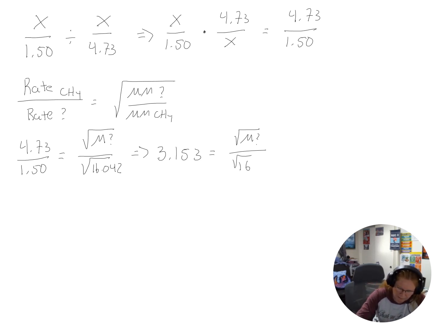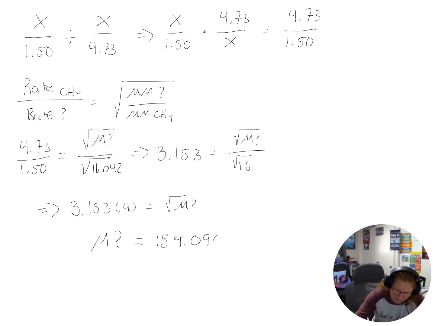All right, and then I'm going to multiply each side by the square root of 16, so I'm going to multiply each side by 4. And so I'm going to get the molar mass of my unknown gas is 159.096 grams per mole. And that's how we deal with our speed and our effusion.